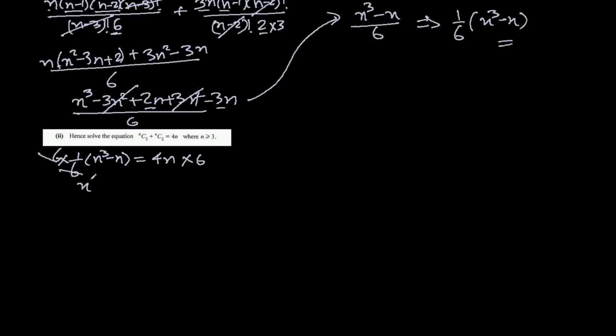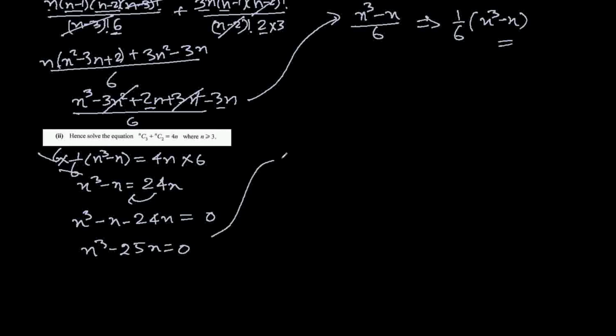So we are left with n cubed minus n equals 24n. Let's bring 24n here so that we can factor it out later. n cubed minus n minus 24n equals 0. n cubed minus 25n equals 0.